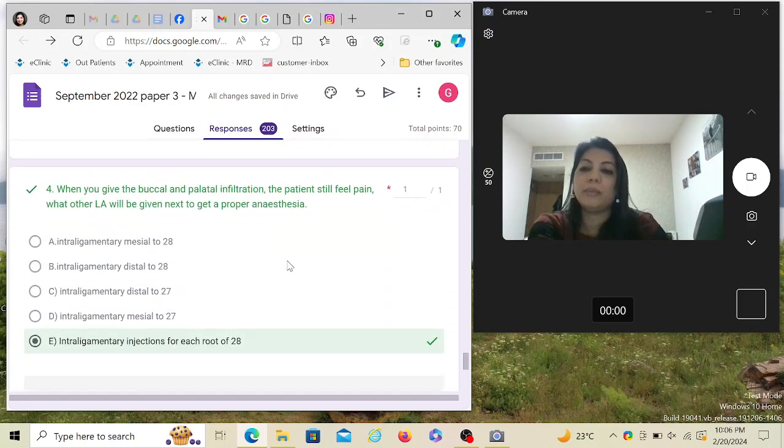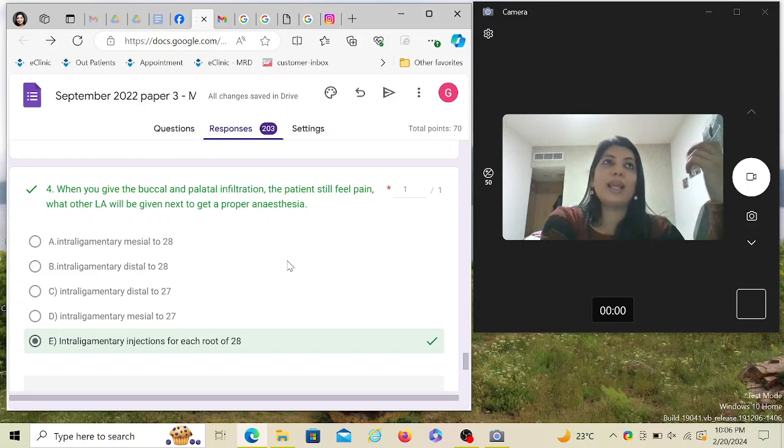Now, when you give the buccal and the palatal infiltration, the patient still feels pain. What other local anesthesia technique will be given next to a proper anesthesia? Now, here the options just mention intraligamentary. You can also have the option of intraosseous in your exam, which is not a wrong option at all.